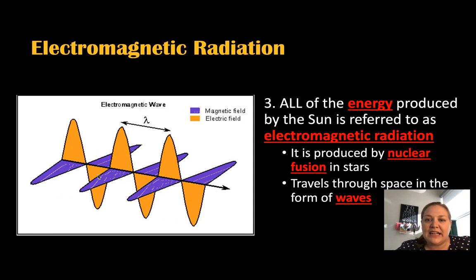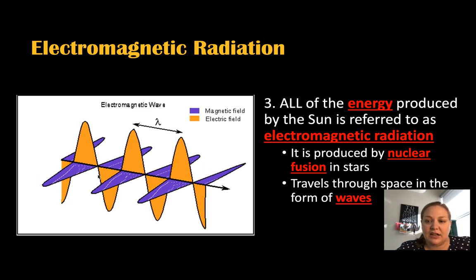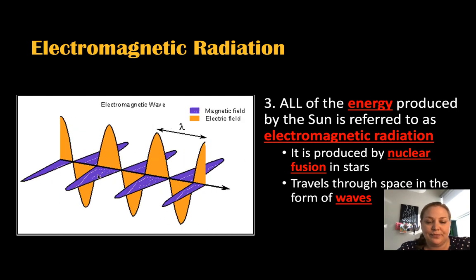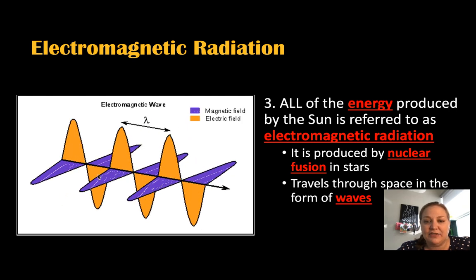So electromagnetic radiation. All of the energy that is produced by the sun is referred to as electromagnetic radiation. And it comes from the nuclear fusion that is occurring in the sun and any star's core. And electromagnetic radiation travels through space in the form of waves.